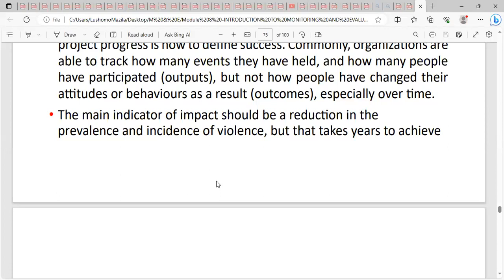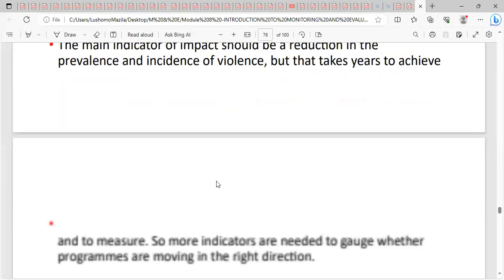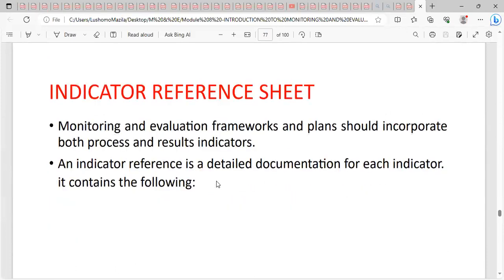It could mean that your program failed to achieve the intended goal, because your intention was to reduce or to improve the situation. So you can also look at the negative. It's not bad. It just depends on what the project or the program has done. Is that clear? Yes, it's clear, sir.